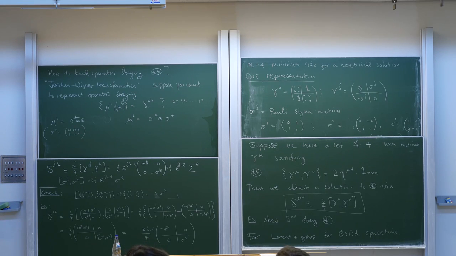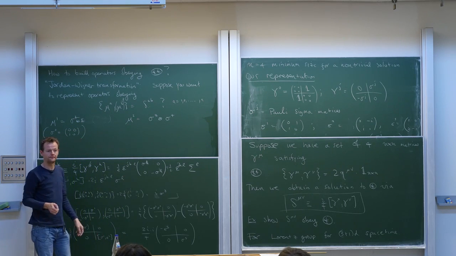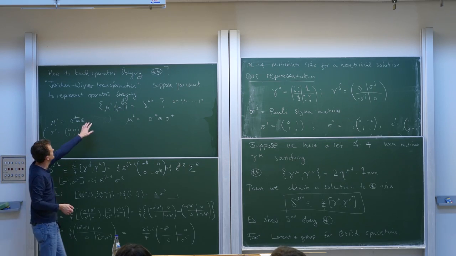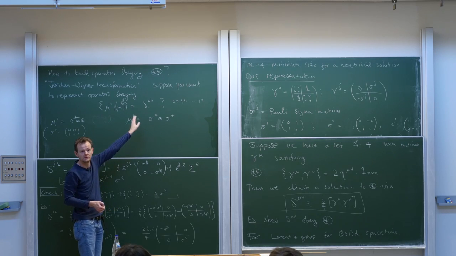Okay. So you can check that sigma plus anti-commutes with sigma z. So this operator mu1 anti-commutes with mu2 dagger, no problems.